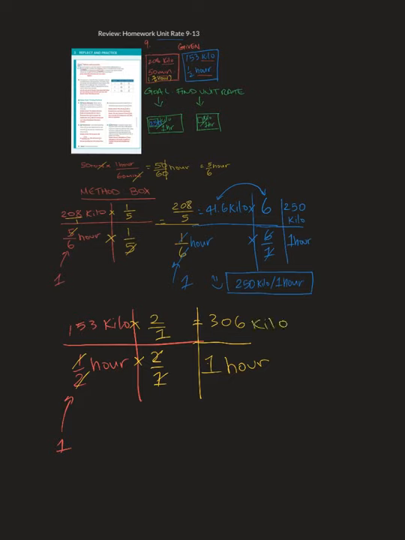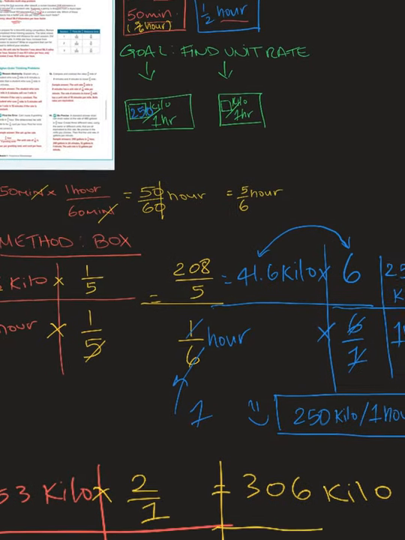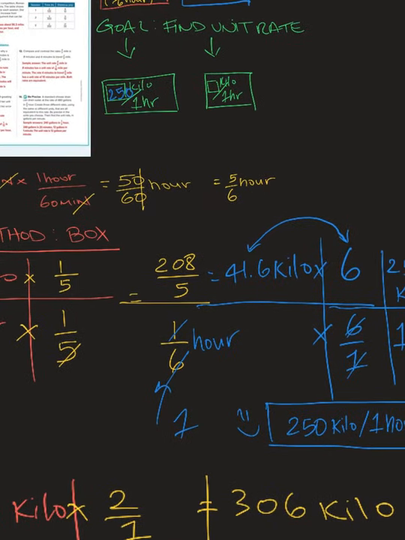Amazing. Now you have your second ratio, which is 306 kilo per 1 hour. Final answer. Now we can plug this information into here, which is very, very tiny, but 306, right?